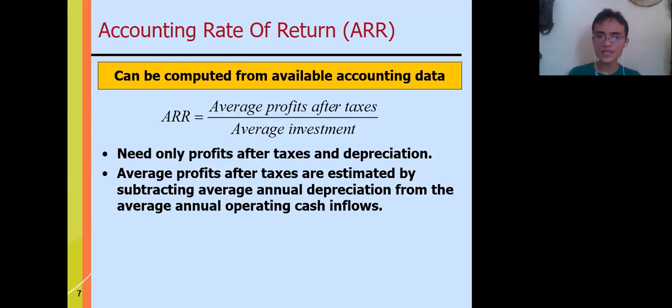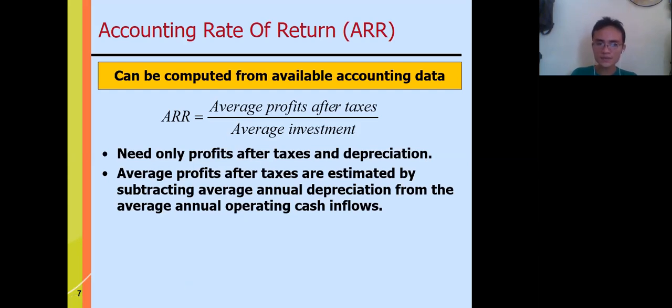So if we think of the statement of cash flows, there are 3 activities: operating, investing, and financing. Under the operating activities, whatever would be the cash inflows, we deduct the depreciation. That would be our average profits after taxes. I said here, from the average annual operating cash inflows.